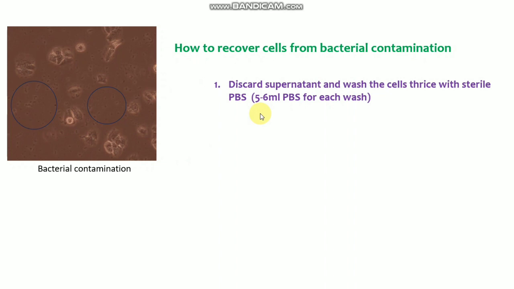Here, first you need to discard the supernatant and wash the cells thrice with sterile PBS, using 5 to 6 ml PBS for each wash. You need to do 3 repeats. Next, you need to add fresh culture media and serum, making sure there is no contamination in that media and serum.